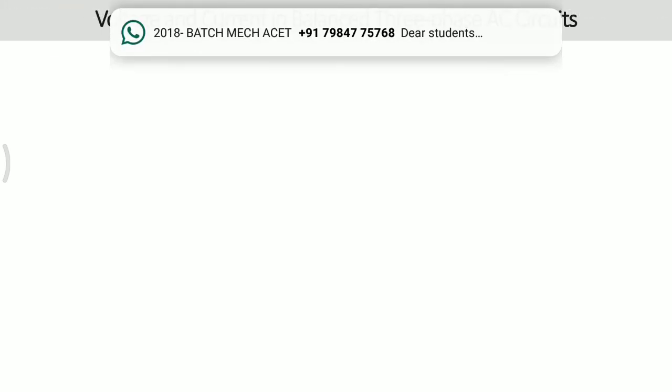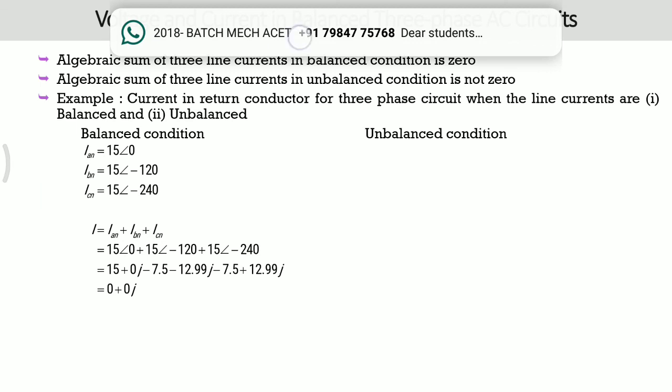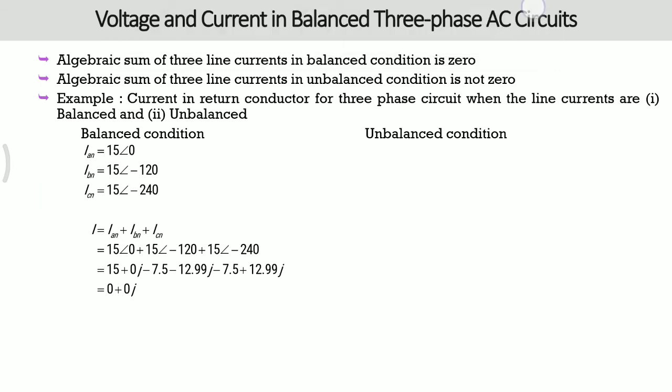This is one small example of the balanced condition. Current in a return conductor, and return conductor means neutral conductor, for a three-phase circuit when the line currents are balanced and unbalanced.